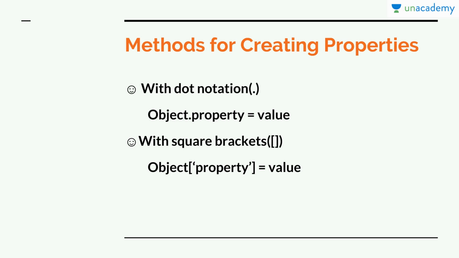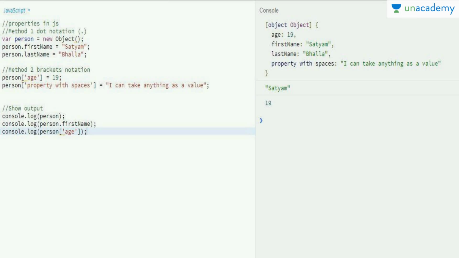Let's dive into the code and see how it actually works. So this is the example. Here I have created an object person with the help of the new keyword, new Object. Now I have to add some properties to it. I can do that like person.firstName and assign the value, and person.lastName.